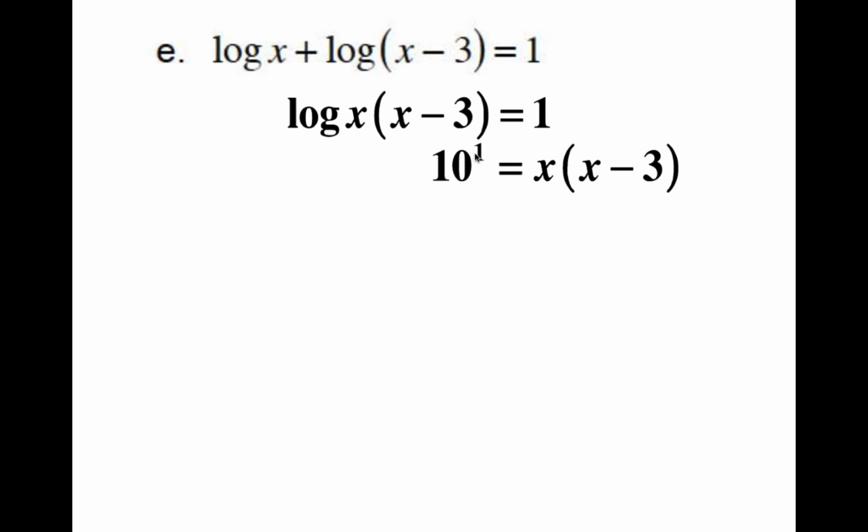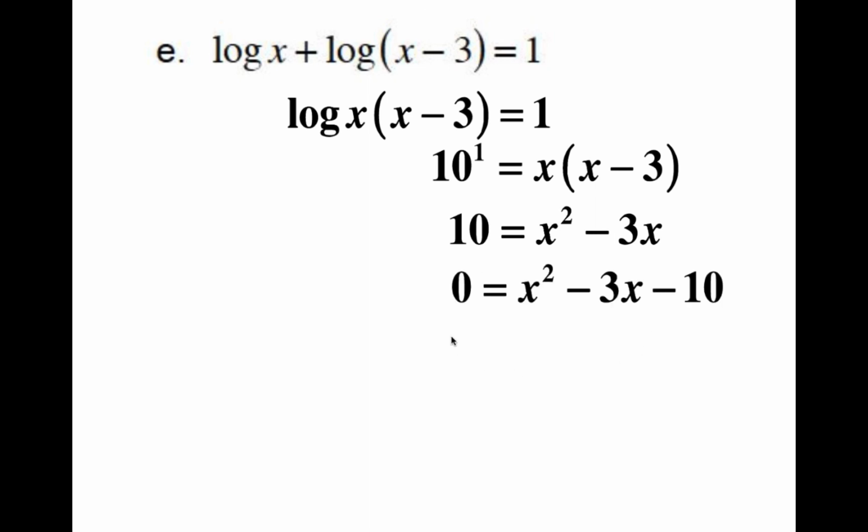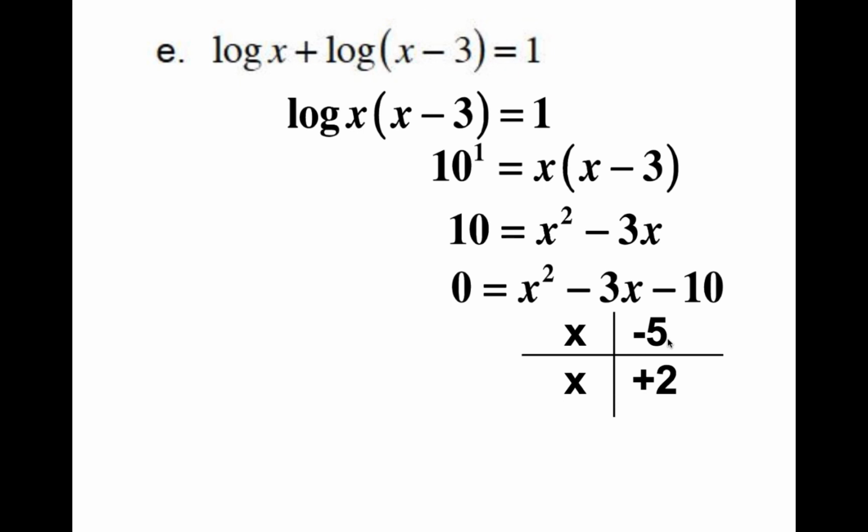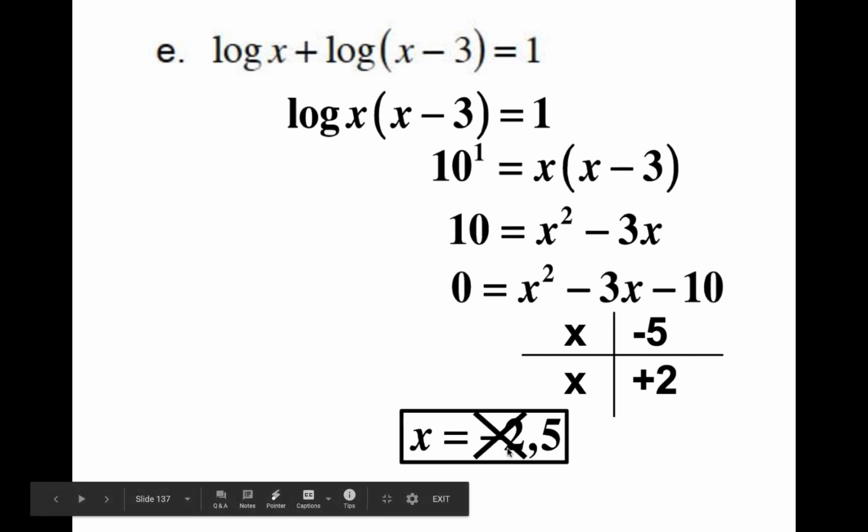So 10 to the 1 power is 10 equals x squared minus 3x. Subtract the 10 over. T-chart, x and x, 5 and 2, where the 5 is negative. So notice negative 5x plus 2x does give you a negative 3x. So each of these to 0, I get a positive 5 and a negative 2. But once again, you can't take the log of a negative, so we have to cross off the negative 2.